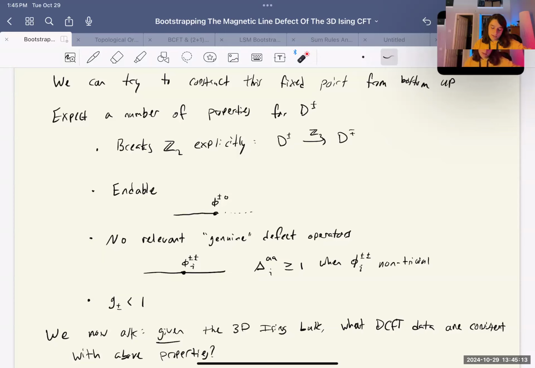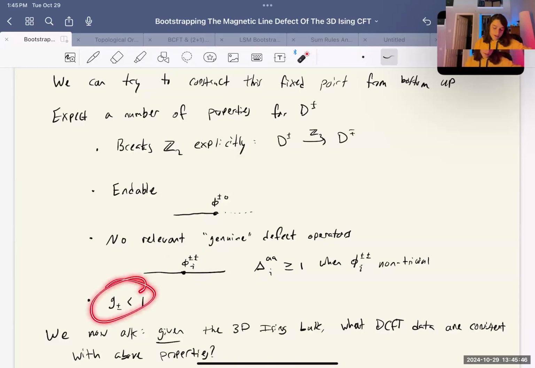Okay, third, we have an IR fixed point, and there are really no other symmetries we want to preserve, other than maybe parity or reflection or something like that. So there are really no other symmetry constraints, and since we have this IR fixed point, we're going to assume that all the non-trivial genuine defect operators have dimension greater than or equal to 1. This will be one of the things that we explicitly assume.